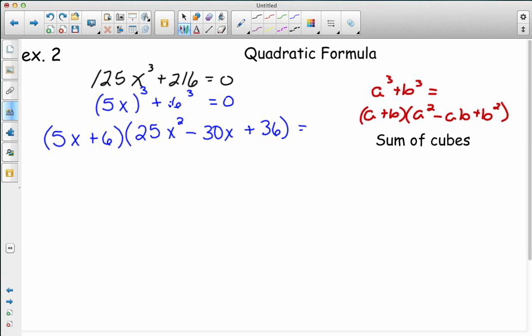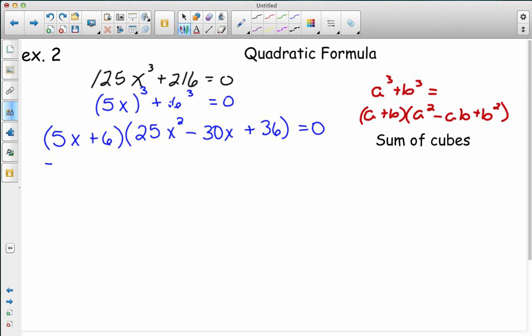And again, this equals 0. Now I've factored this down to 1 linear factor, 1 quadratic factor. What I know about my quadratic factor is that it cannot be factored further. Therefore, what I will be doing is setting my linear factor equal to 0, my quadratic factor equal to 0, and then using the quadratic formula to finish solving.